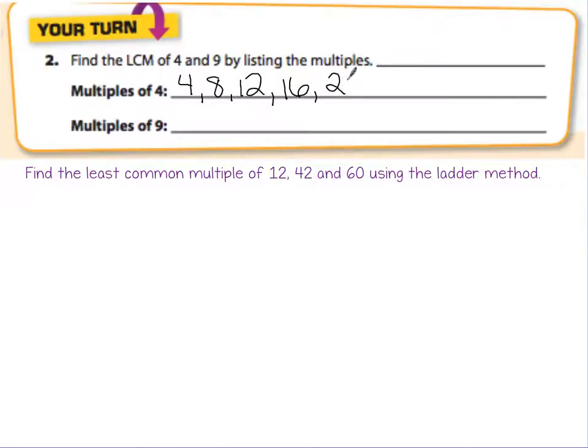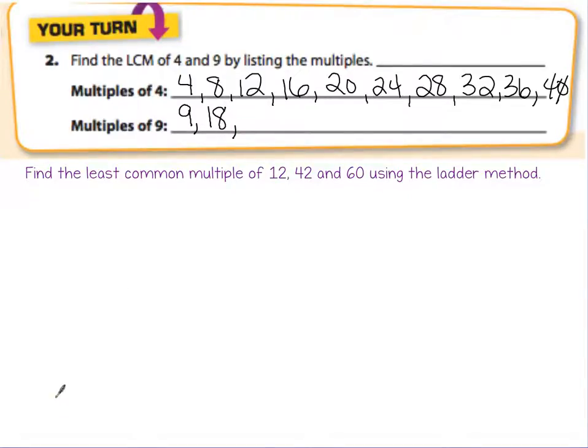All right, so 20, 24, 28, 32, 36, 40. I usually start off by listing the first 10 multiples. Since this is the smaller one, with the bigger one, I'm just going to list until I get a common multiple. So I have 9. Well, that's not common. 18.